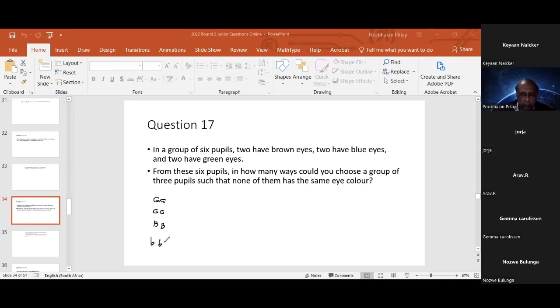Let's call it small b. So this is the blue. It's the brown and green. Okay, so 2 of them have got that, and 2 have got that. These are the eyes, by the way.